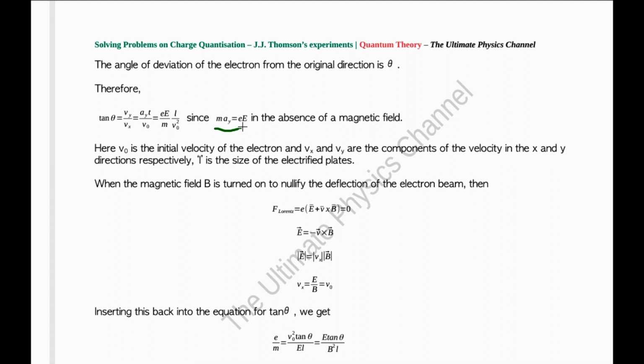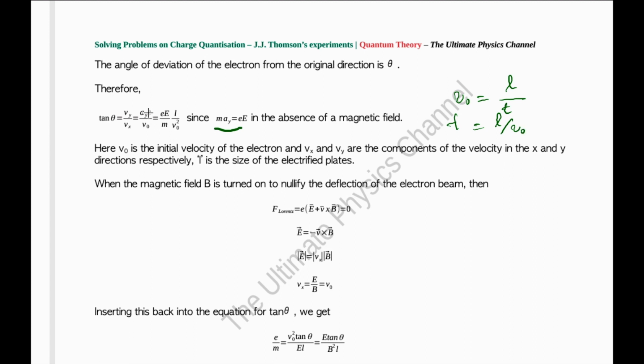It is only electric force, that is small e times capital E, that is replacing Ay here, and then times t over V0, and again this time t can be written as the velocity V0 is the distance over time, and the time therefore is L over V0.